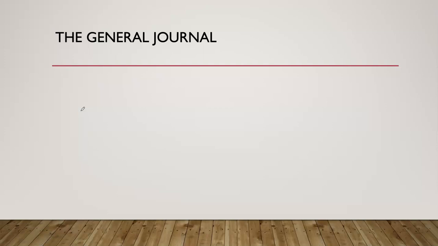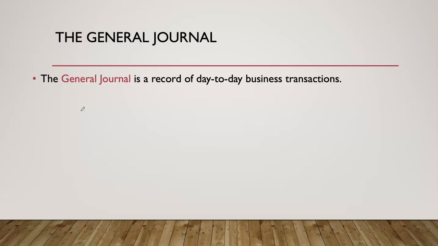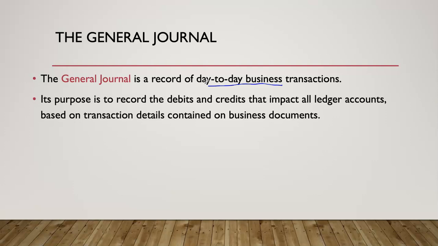So what is the general journal? The general journal is simply where we record day-to-day transactions. We are going to record every single transaction that impacts our elements of accounts in this thing called a general journal. Its pure purpose is to record the debits and credits that impact our ledger accounts for every transaction.